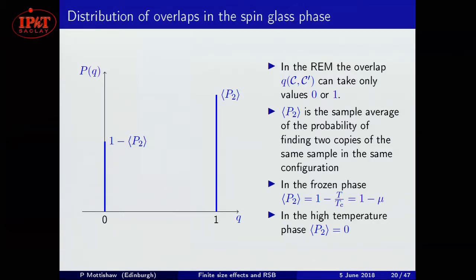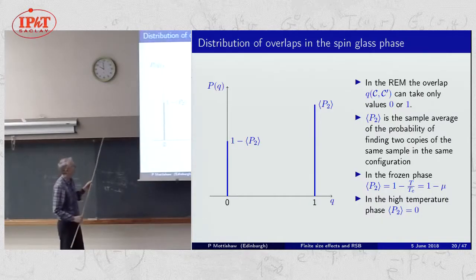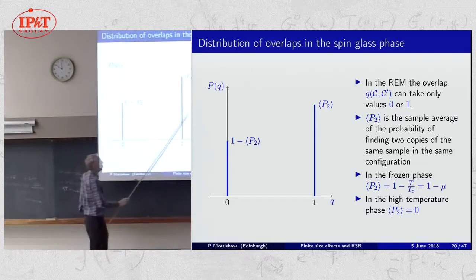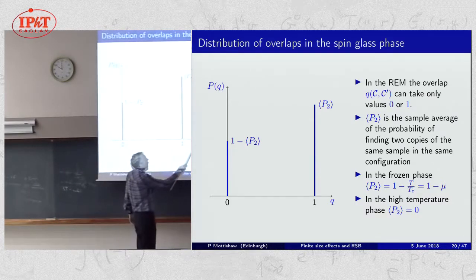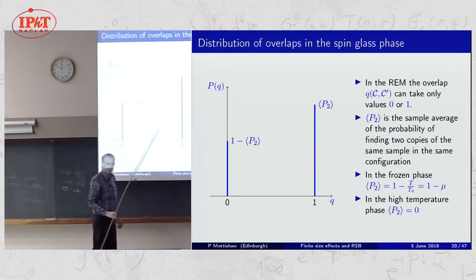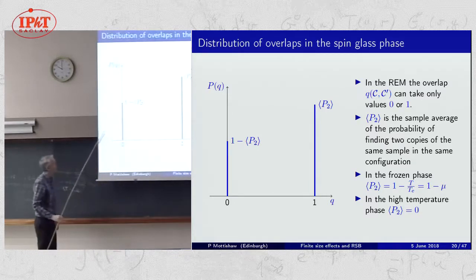In which case, the P of q that we wanted to calculate is simply two delta functions, because of the construction of the random energy model, either the overlap between two states is 0 or 1. They're either the same state or different states. There's only two possibilities.